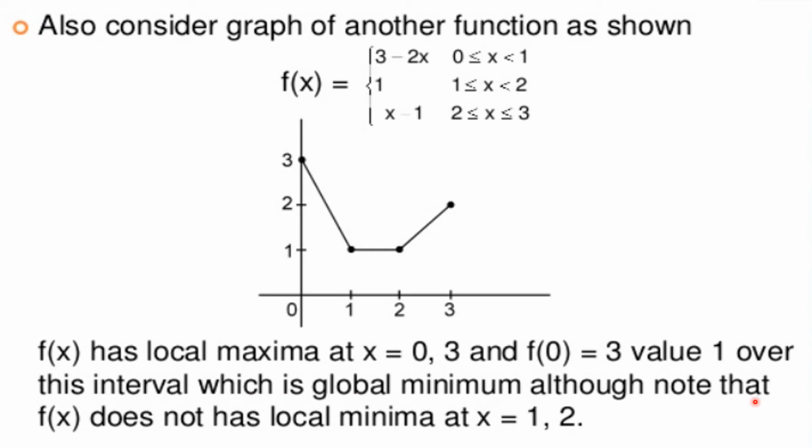Although note that f does not have a local minimum at x is equal to 1 and 2. If you observe this, at these points we say that it does not have a local minimum. But it has a local maximum at x is equal to 0 and at x is equal to 3. Understood this point, my children?